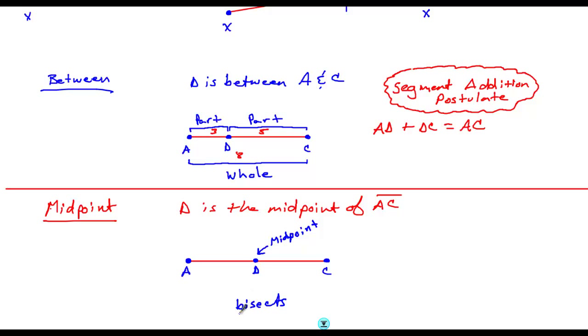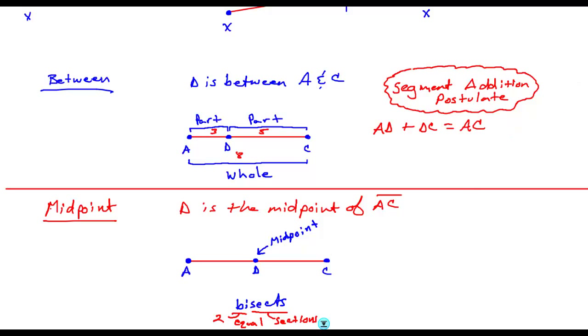Now, bi, like bicycle, bi means two. Sect is kind of like sections, right? So two sections. But it's not just into two sections, it's into two equal sections. So this segment, A to D, is exactly the same as segment DC.